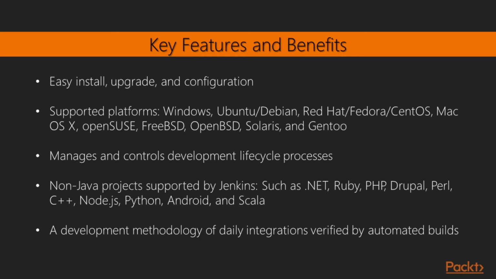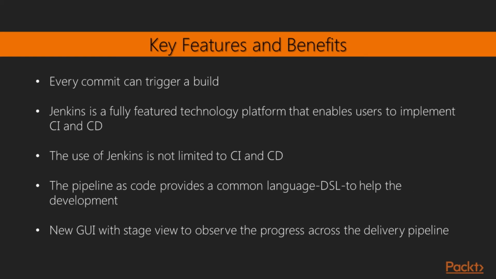Non-Java projects supported by Jenkins, such as .NET, Ruby, PHP, Drupal, Perl, C++, Node.js, Python, Android, and Scala. Development methodology of daily integrations verified by automated builds. Every commit can trigger a build.